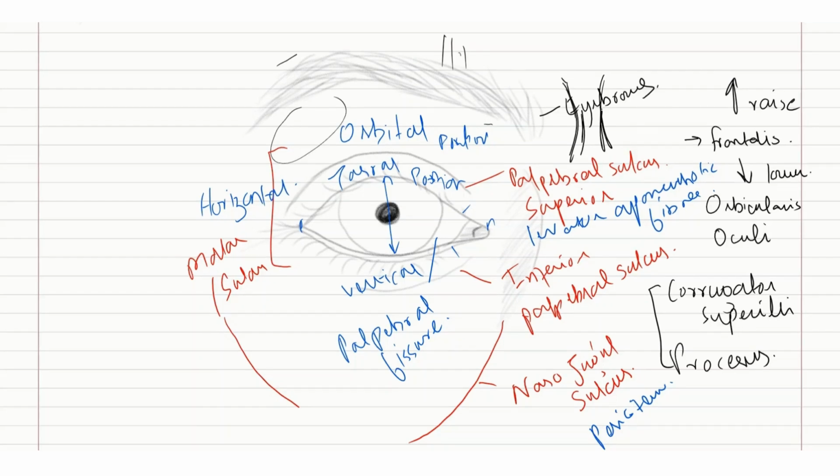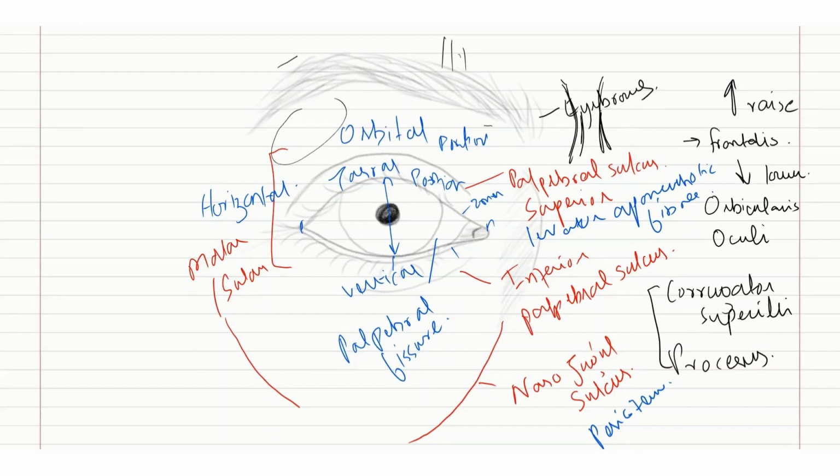The upper lid covers 2 mm of the limbus, and you can see in this diagram that the lower lid just touches the inferior limbus. The lateral canthus makes a sharp 60-degree angle, whereas the medial canthus is round. Now let's discuss in detail the medial canthus.